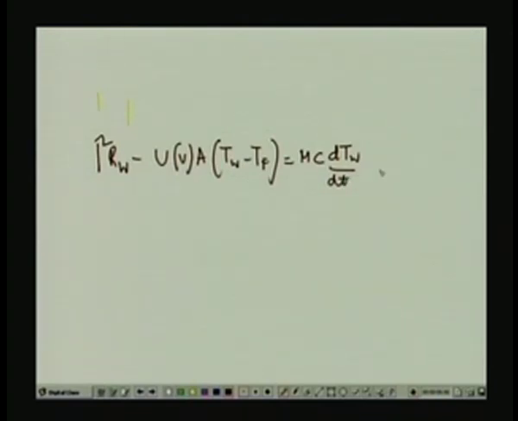This was our new, dynamic equation of the hot wire anemometer.